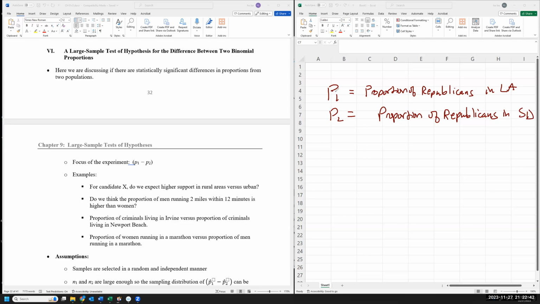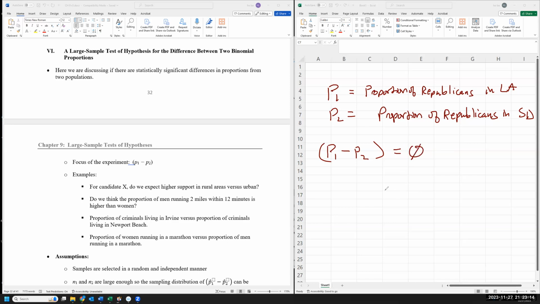So LA is one population and San Diego is another population. What we care about is P1 minus P2, or how the population proportion of Republicans in LA compares to that in San Diego. We could test whether that is equal to 0. That means there's no difference.